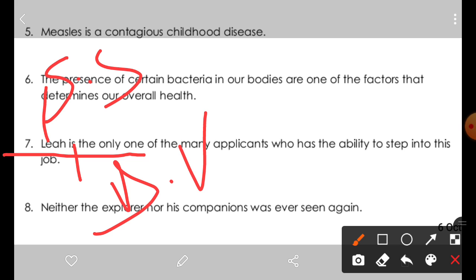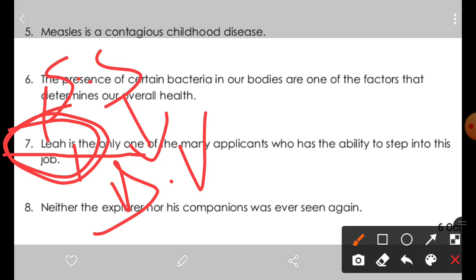So we don't have to see further, because here in the beginning of the sentence we can easily see the agreement has taken place between subject and verb. There is a harmony between both, and this sentence is absolutely correct. So sentence 4 was correct, sentence 5 was correct, and now sentence 7 is also correct.